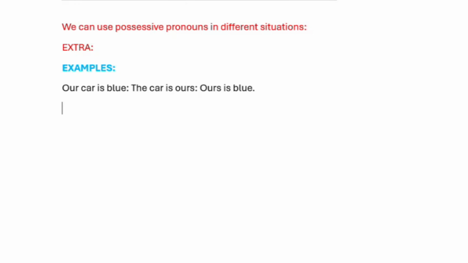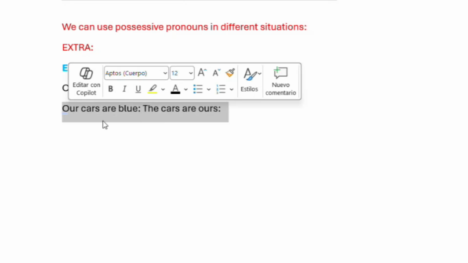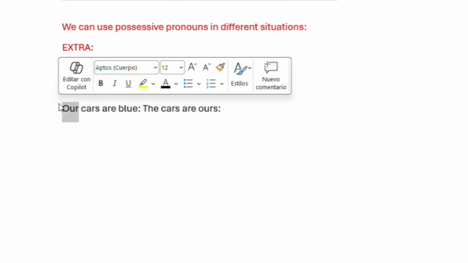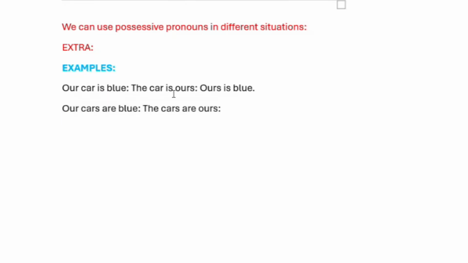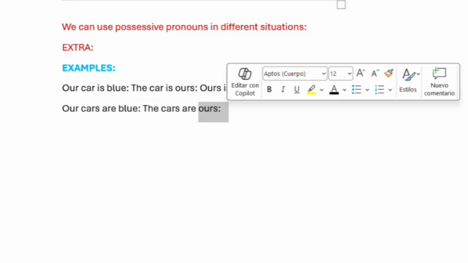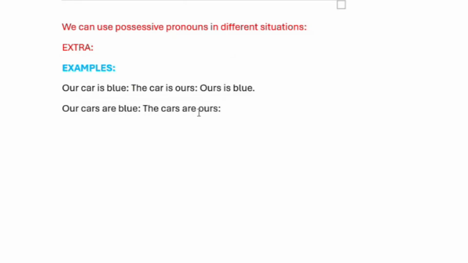Let me give you another example, but in plural form. Our cars are blue. Again, the same thing. The cars are ours. So here it is clear. We have our, the possessive adjective, and ours, the possessive pronoun, at the end.